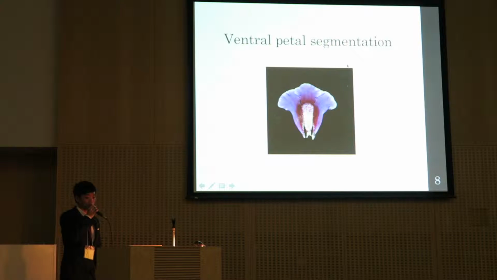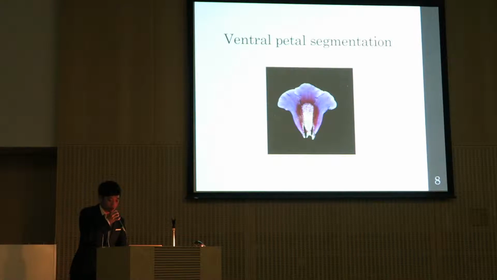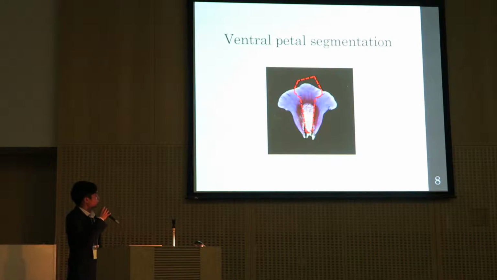So after the image of lateral and ventral petal was acquired, since the ventral petal served as the target in this study, the ventral petal needs to be segmented first. Here in the process, we use the polygon tool to enclose the ventral petal.